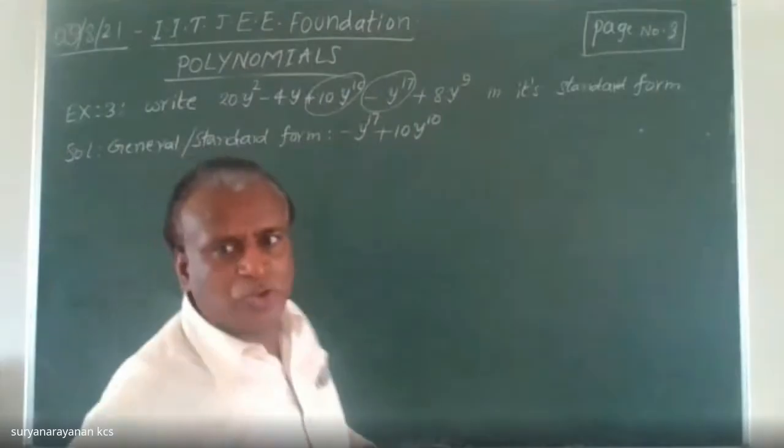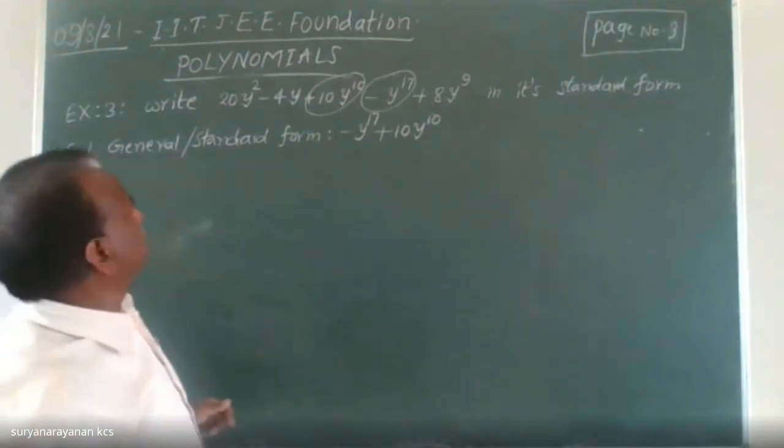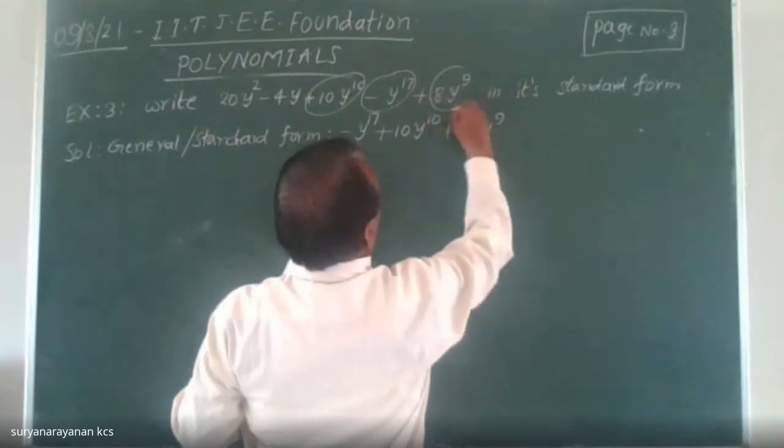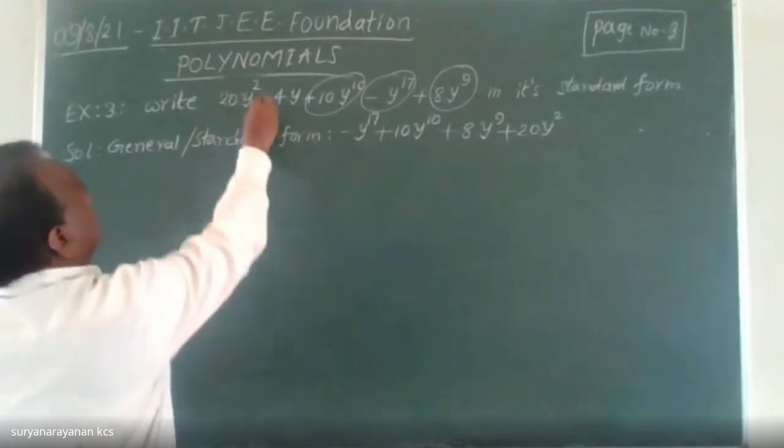So this term is also over. Next term, tell me what is the next term? Plus 8 y to the power of 9. Yes. This is also over. What is the next term? Plus 20 y square. Very good.